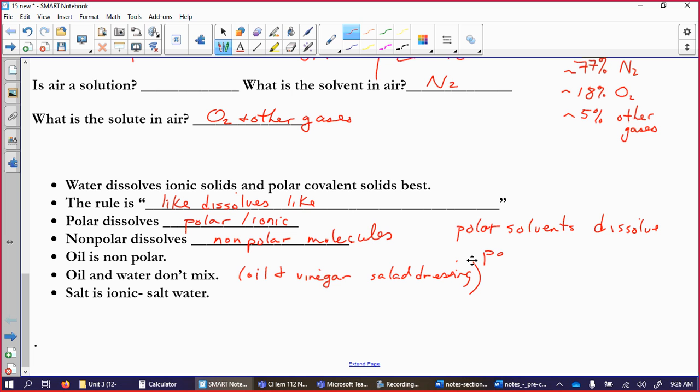If you want to put them on your salad, you shake it up and they mix to a point, but there are still all sorts of bubbles. Salt is ionic, so salt will dissolve in water. Salt doesn't dissolve in oil.